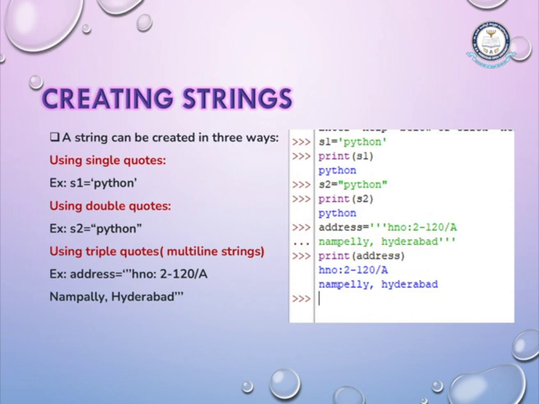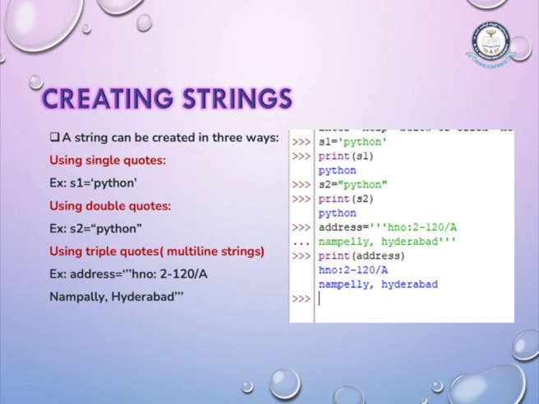Here Python is a set of characters enclosed between single quotes. You can even create a string using double quotes. We create another string s2 equals "Python", but here the string is enclosed between double quotes. And the last way of creating a string is by enclosing the text in triple quotes.